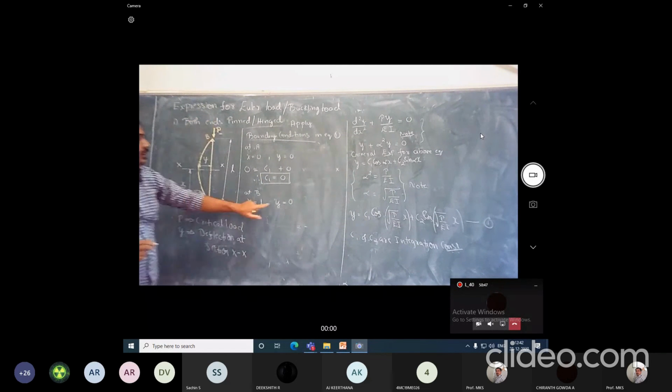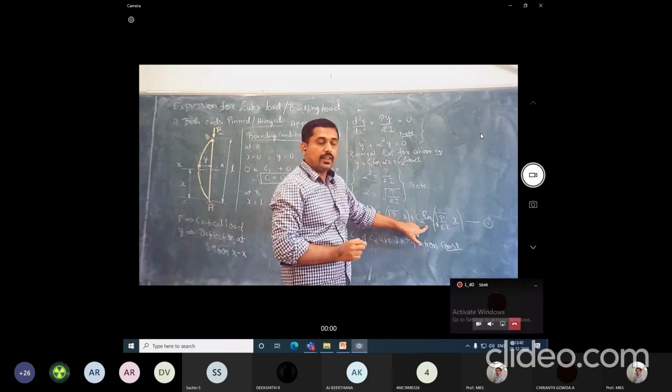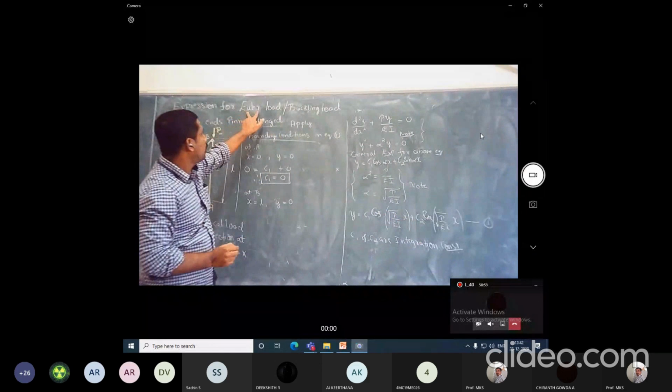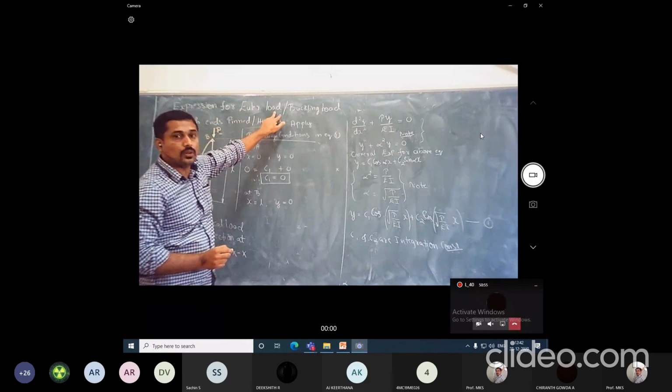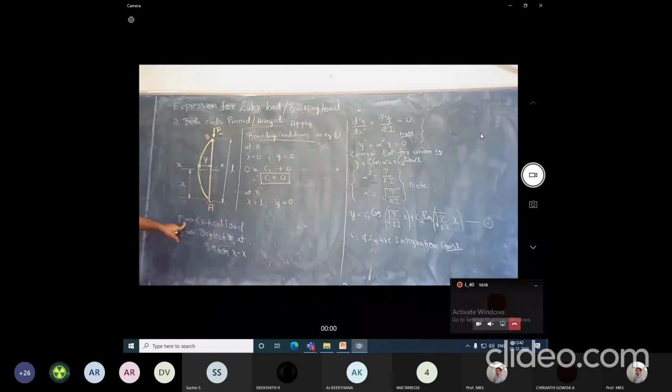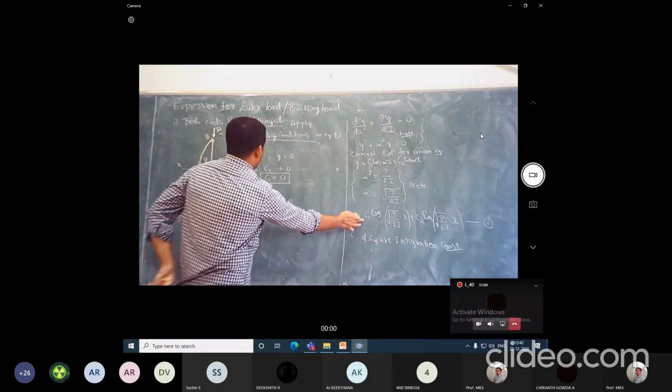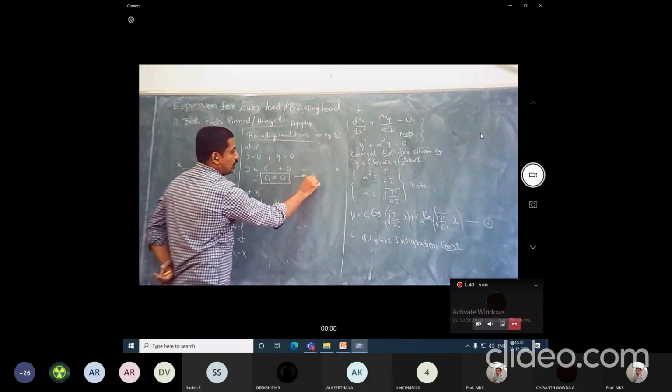Then substitute in equation 1. Here you just have to keep it in your mind: I am deriving the expression for the Euler load. So the Euler load is a critical load, and that load is P. So when I substitute x is equal to L, we call this equation 2.